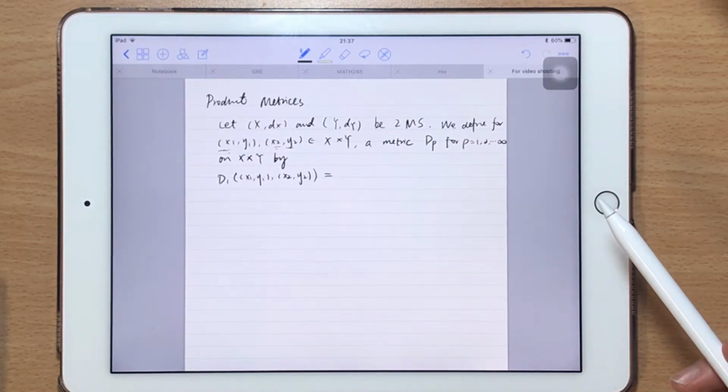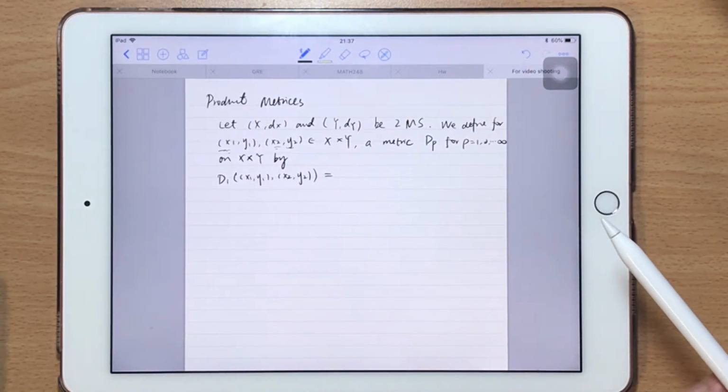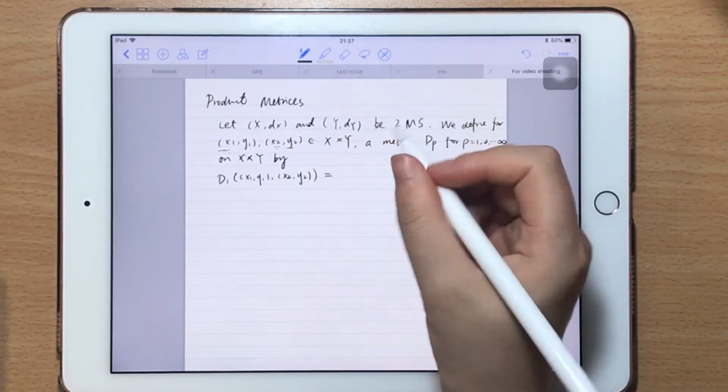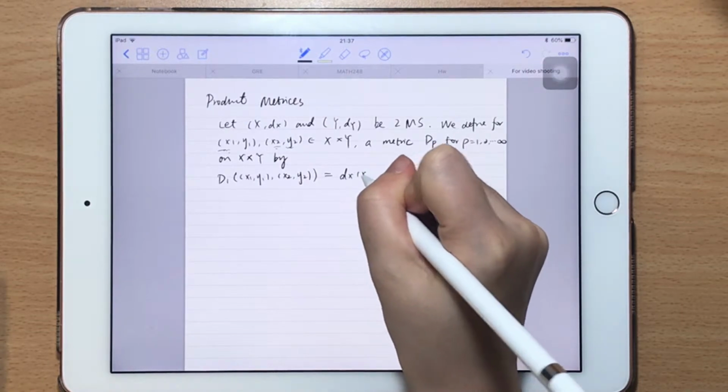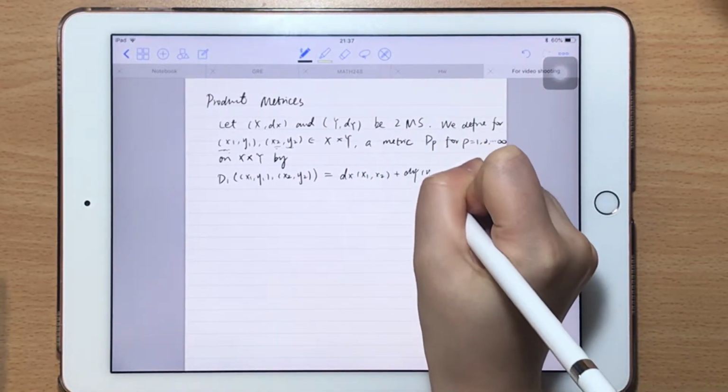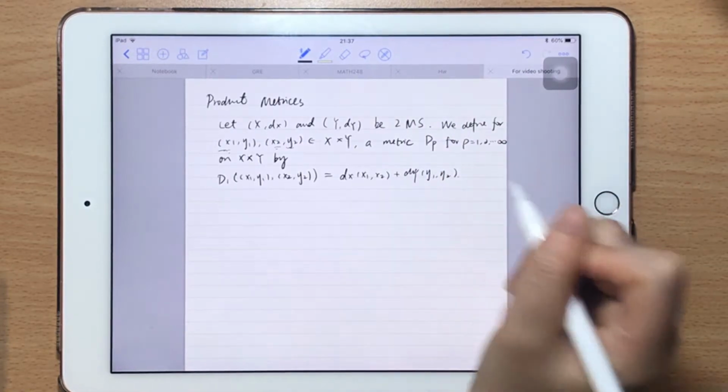All we know is that the distance between x1 and x2 satisfies dx, and y1 and y2 satisfies dy. So I think it's very reasonable to think about d1 to be dx(x1, x2) plus dy(y1, y2), right?